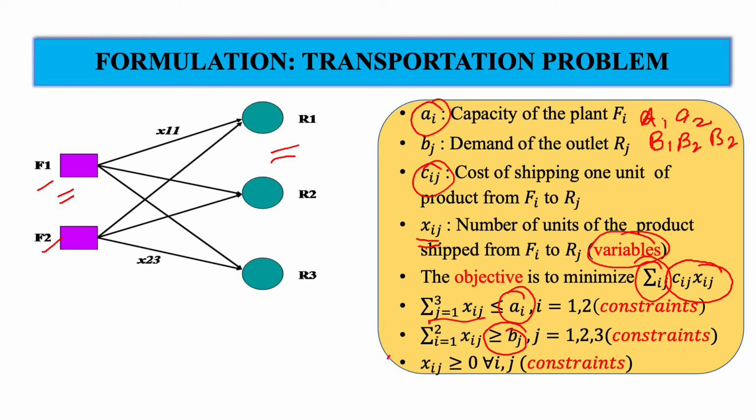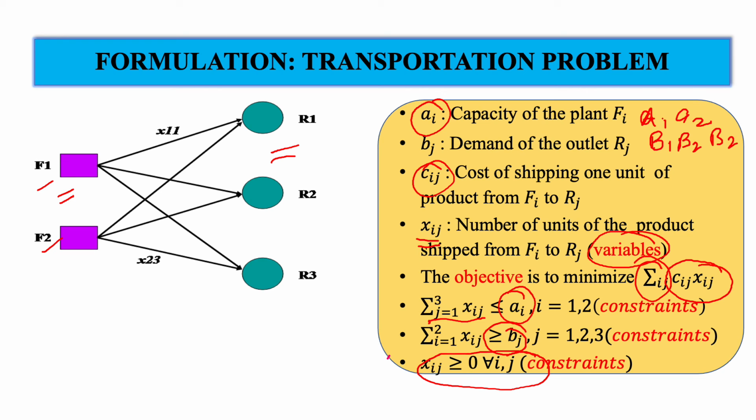The weekly demand for the jth outlet is Bj, so they should get at least that many units of fertilizer. And also we need to ensure that all the quantities shipped are non-negative.